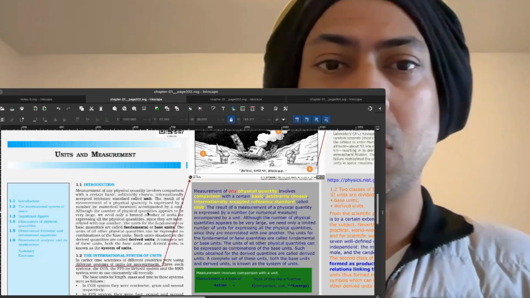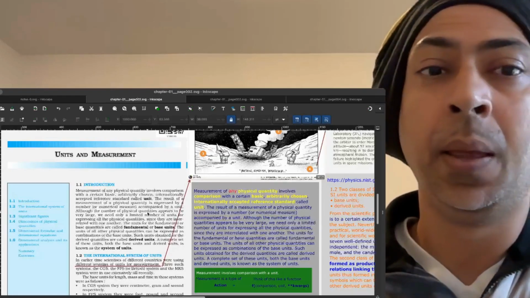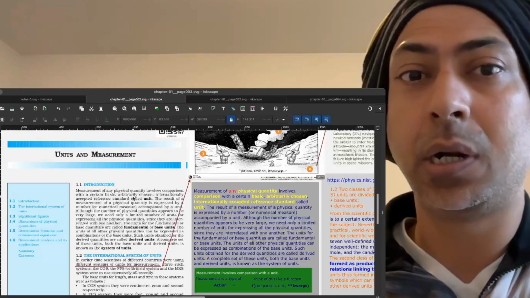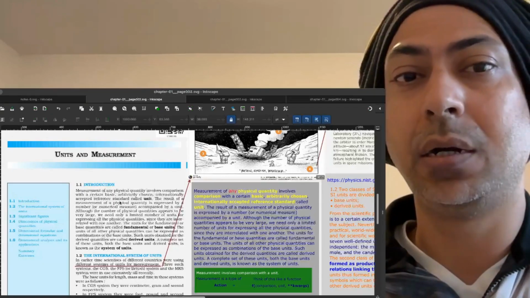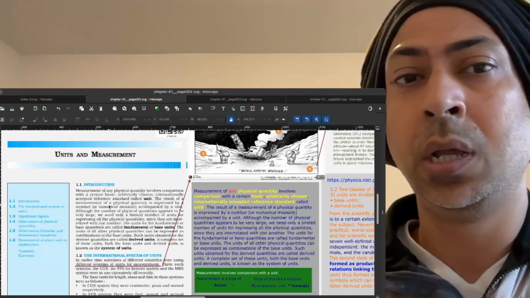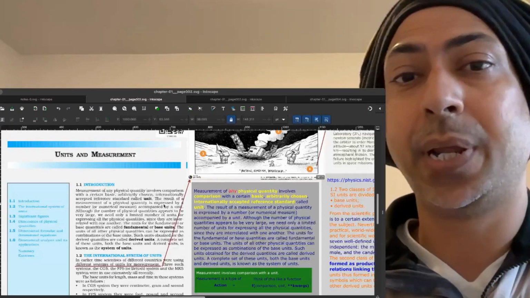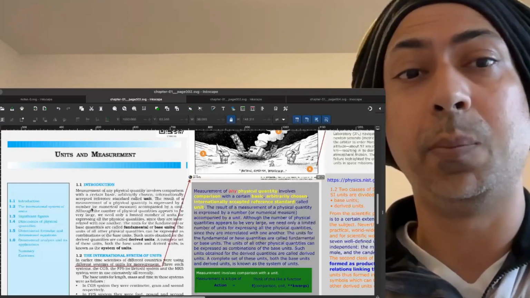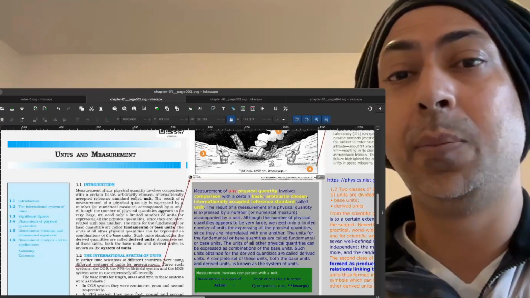Measurement of any physical quantity involves comparison with a certain basic, arbitrarily chosen, internationally accepted reference standard called unit. The result of a measurement of a physical quantity is expressed by a number or a numerical measure accompanied by a unit.